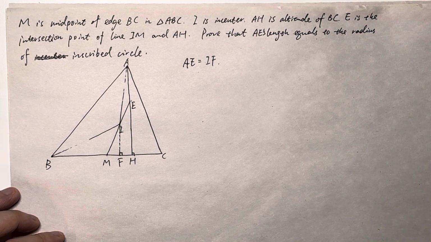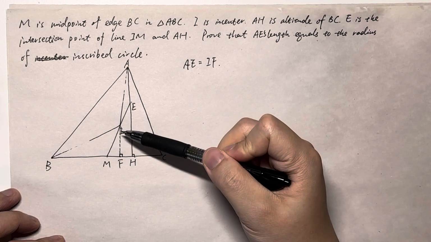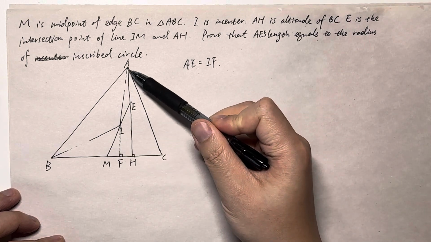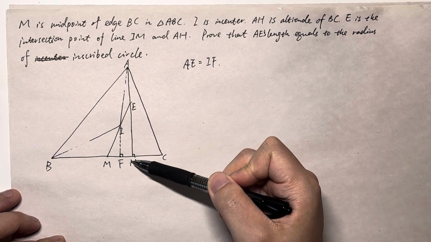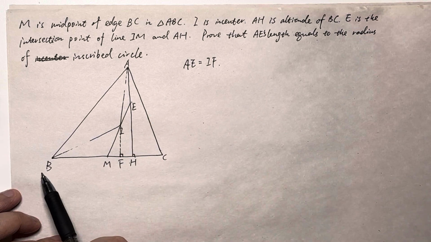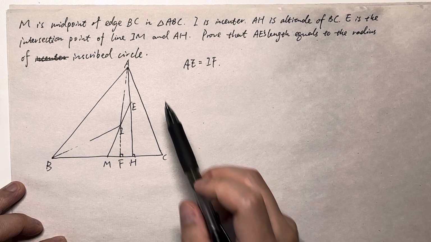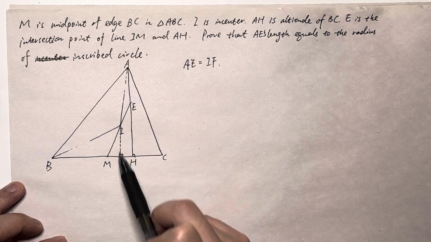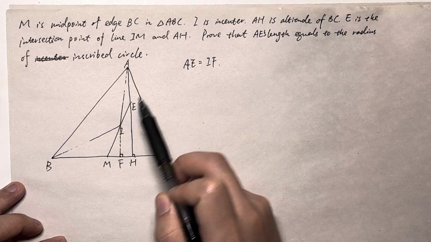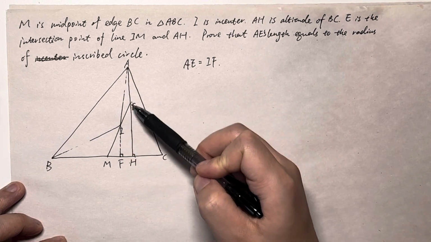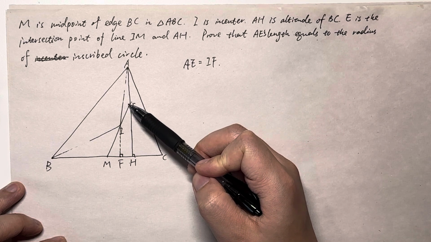One way to think about this problem is that we already know IF is parallel to AH, because they are both perpendicular to BC. If IF equals AE, that means AIFE is a parallelogram.